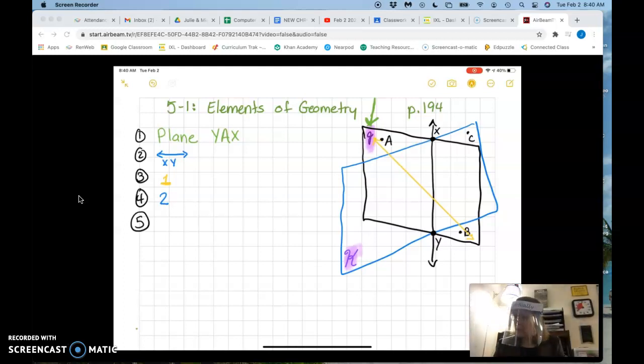And number 5, does AC lie on plane J or plane K? Maybe both?